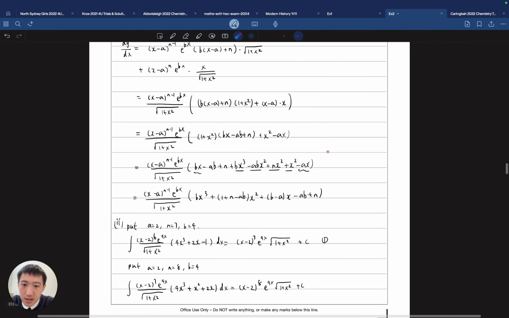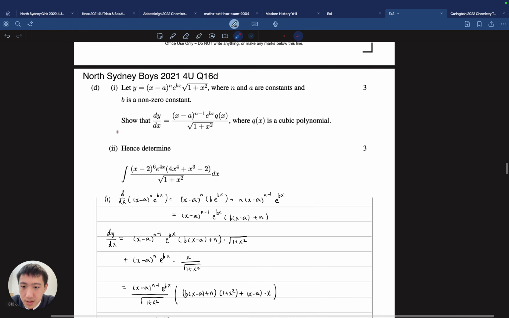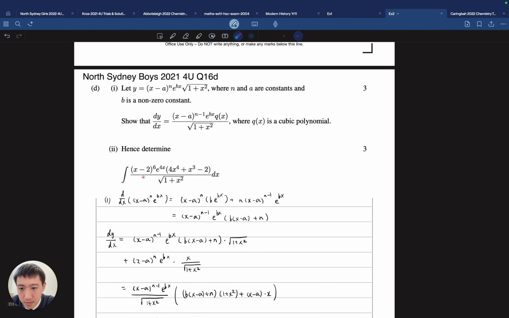But it just needs you to be careful and check that you've done it correctly. I looked at the marking criteria, and they actually accept it if you don't simplify any further, you just leave it here. It's okay as well, but I would prefer to do this because it's how you simplify it to the end.